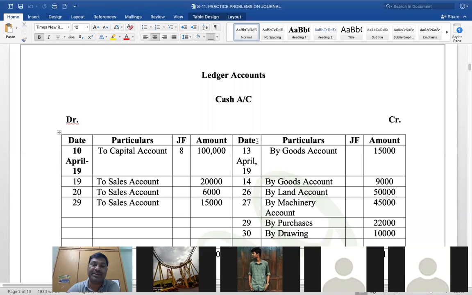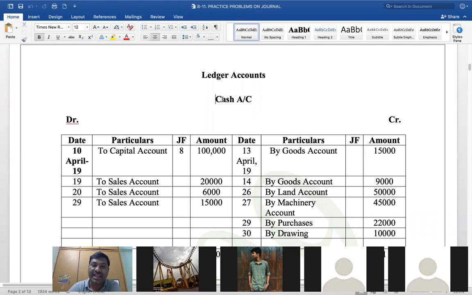Same thing you write here: date, particulars, journal folio, amount. Now, the left side is known as the debit side. Right side is known as the credit side. Left side is debit side, right side is credit side.